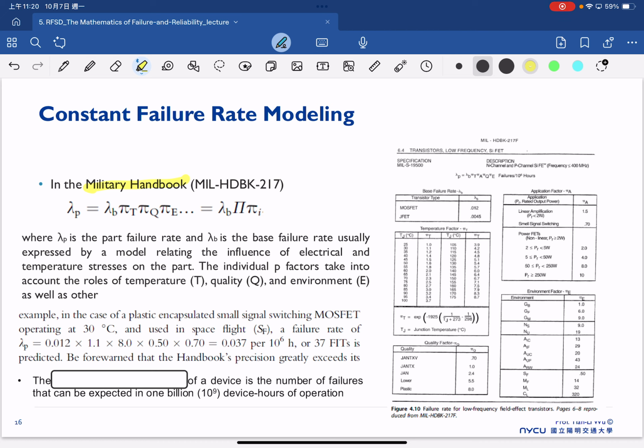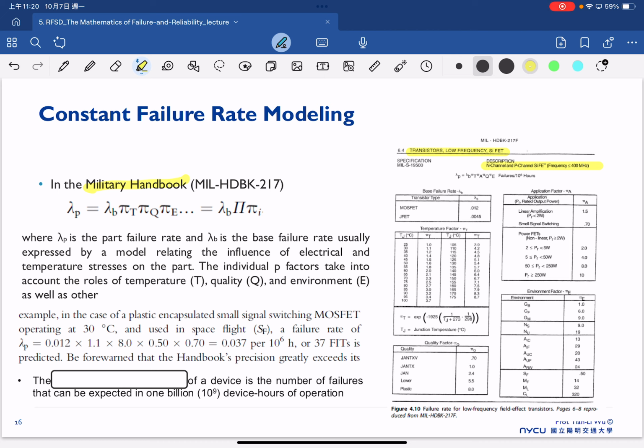In this case, you can see this is the military handbook for the low frequency silicon FET transistor. This is the description for the N channel and P channel silicon FET with operation frequency up to 400 megahertz.